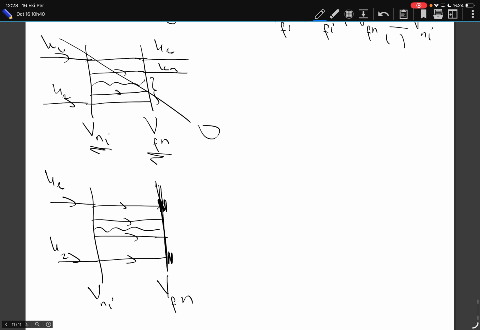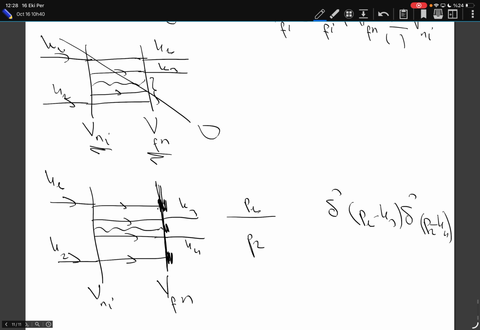Let me show it this way. It stops them, if you like. It should stop this one also, so you have K3 and K4, which should be P1 and P2. Now, this matrix element will give you P1 minus K3, P2 minus K4, or the other way around.